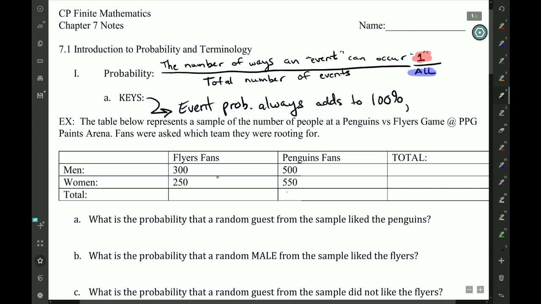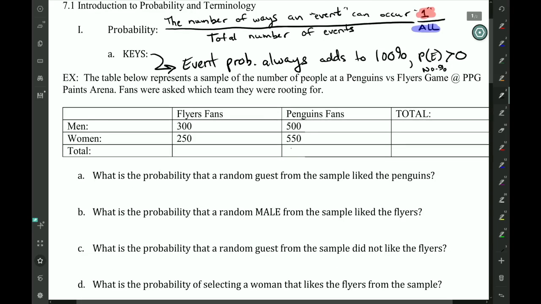So it always adds to 100, and the probability of some event is always greater than or equal to 0. You cannot have negative percentages, okay? So let's get into some of the examples.